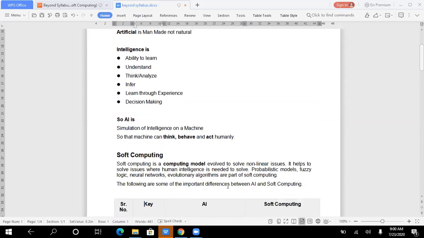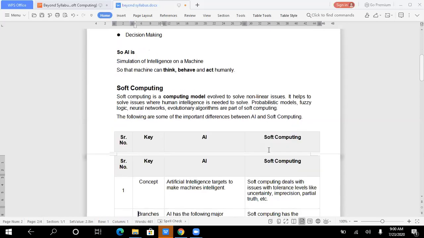So I want to simulate a machine which is intelligent, so that this machine can think, behave, and act in the same way as humans do. Okay, so this is artificial intelligence. For my subject, the artificial intelligence part is enough just to make you aware of this.